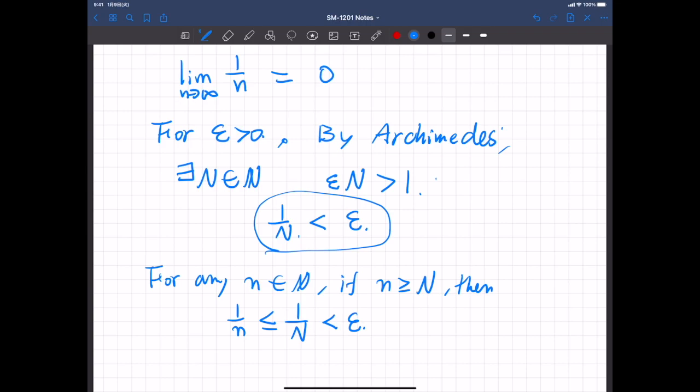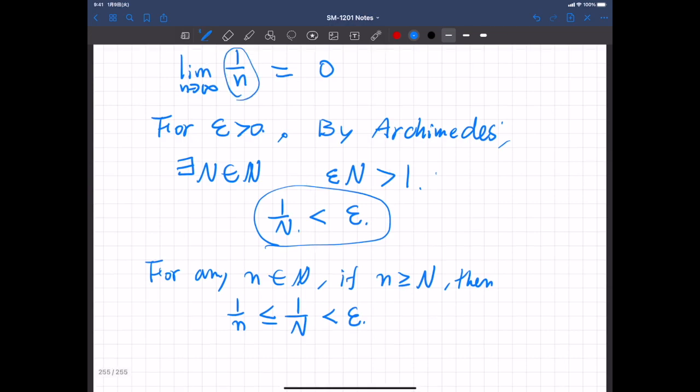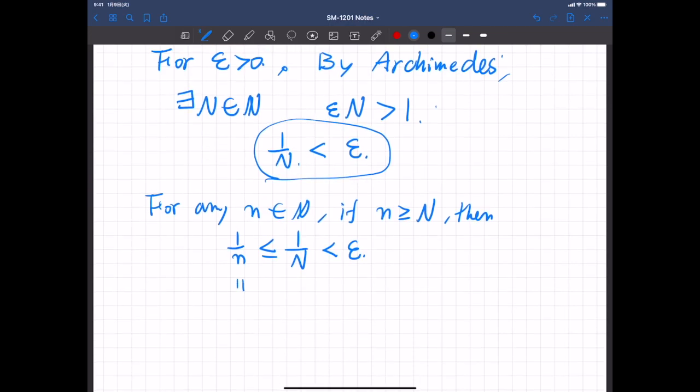So this means the sequence converges to 0, because this is of course equal to |1 over n minus 0|. For whatever the value of epsilon is, as long as it's positive, we can always find a natural number that is large enough to satisfy this inequality.